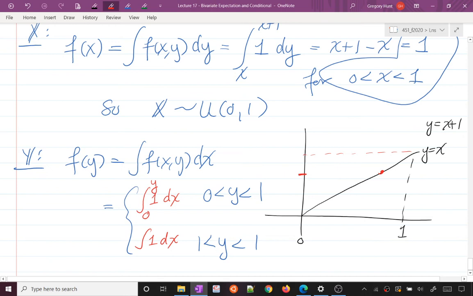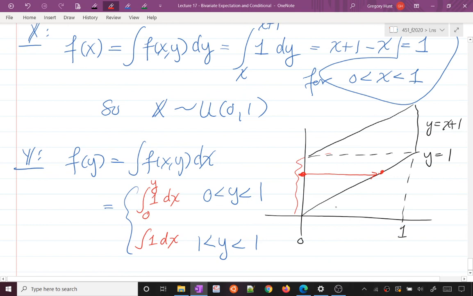Let's see if we can draw a more realistic picture. That's the line y is equal to x. It should be something more like that. That's how the picture actually looks. So now you see the two cases. If y is between 0 and 1, in this region, we integrate from 0 to whatever value x is.